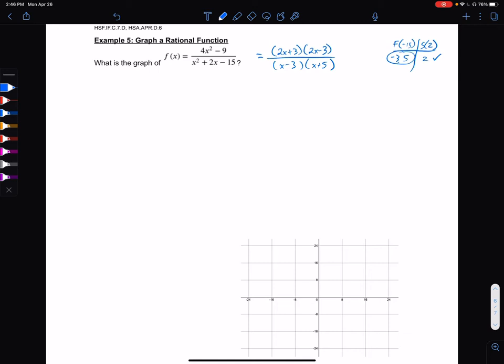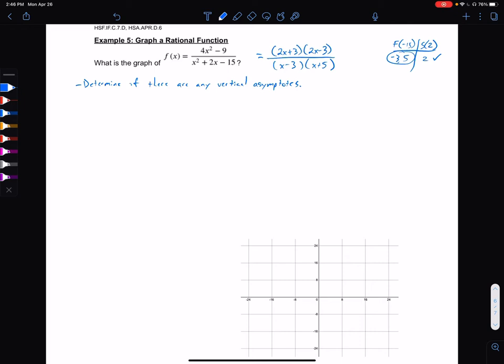All right, so from here, now that we have the original form and the factored form, let's determine if there are any vertical asymptotes. To do that, remember, we want to know when the function is undefined, when the denominator would be equal to 0.